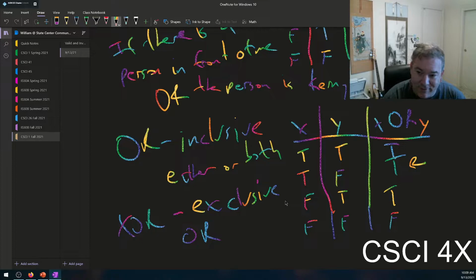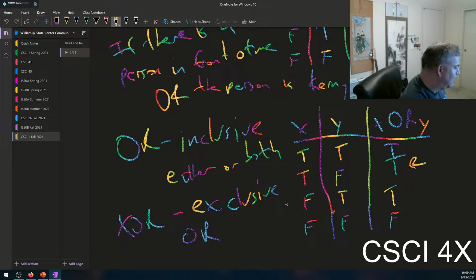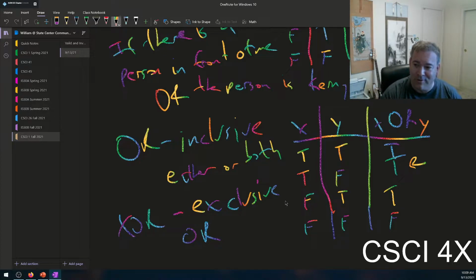And the really confusing thing is, in English, we use or for both of those. Okay? And so for XOR, one or the other is true, but not both. So, if it was XOR, the top line here would be false.